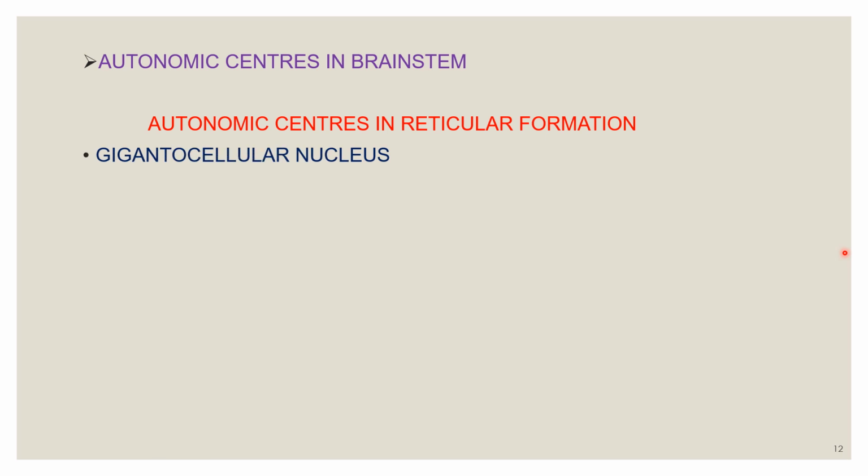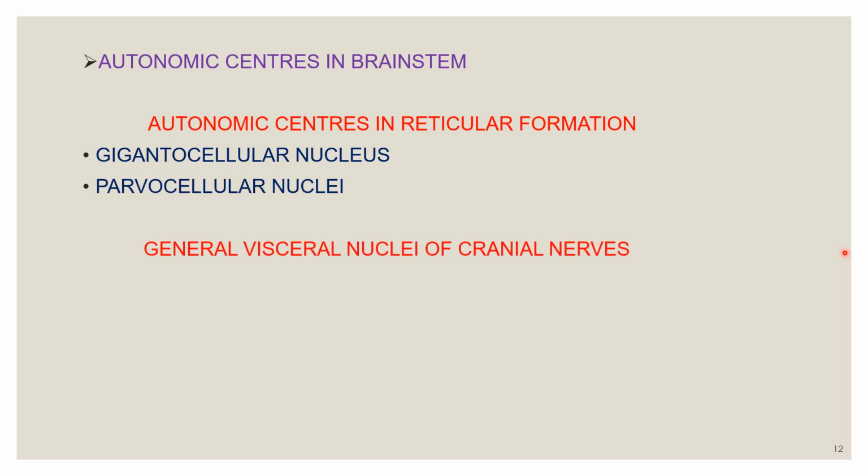What are they? These autonomic centers are the gigantocellular nucleus, parvocellular nucleus and general visceral nuclei of the cranial nerves. These general visceral nuclei are again in the nucleus tractus solitarius.